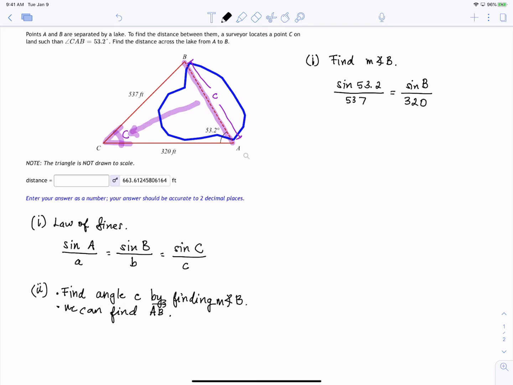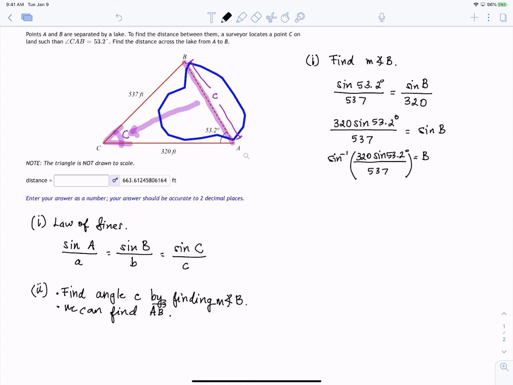Okay, and then solving this out, we get 320 sine of 53.2 degrees divided by 537 is equal to sine B. And then, of course, we can find B by taking the inverse sine of this whole quotient, 320 sine of 53.2 degrees over 537.